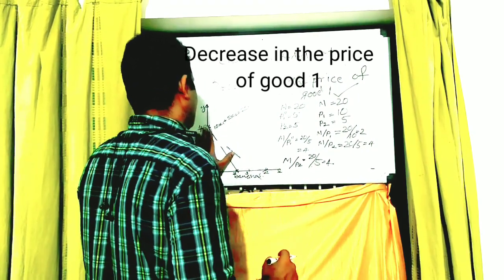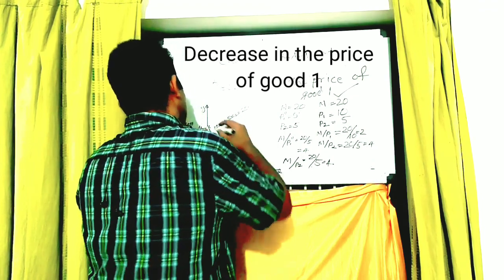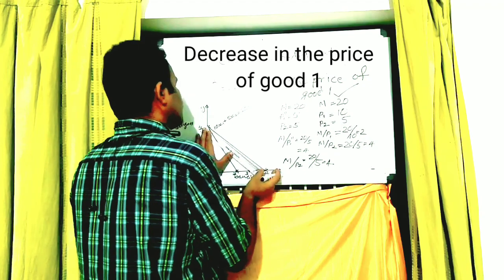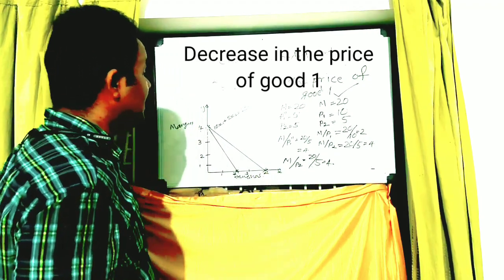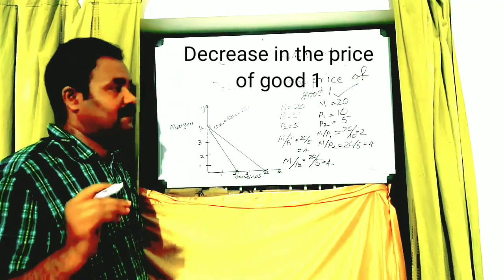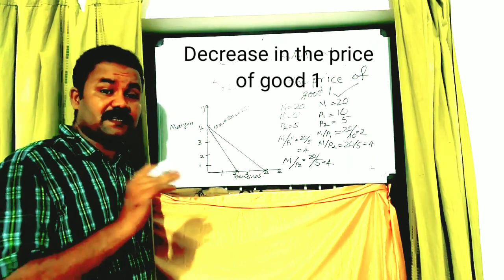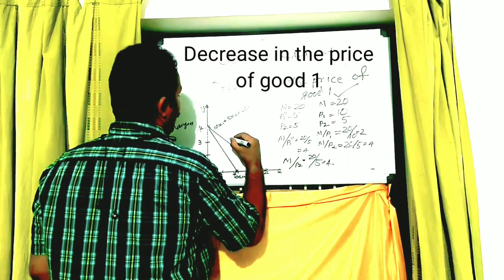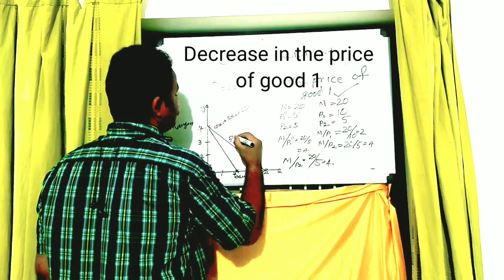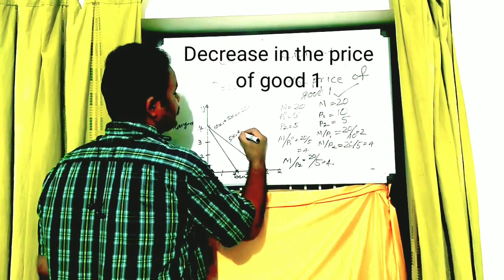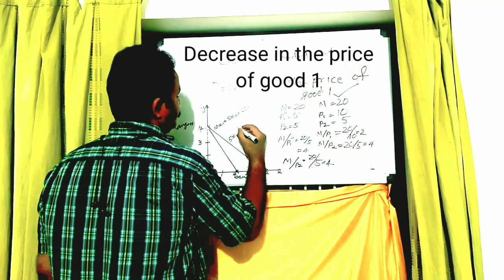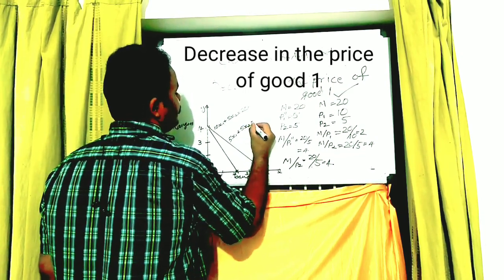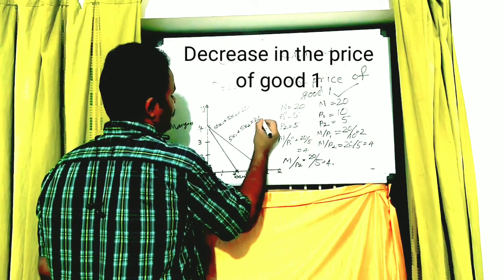Then by joining these 2 points, we will get a new line, that is our new budget line. Okay, this budget line represents the equation 5x1 plus 5x2 is equal to 20.